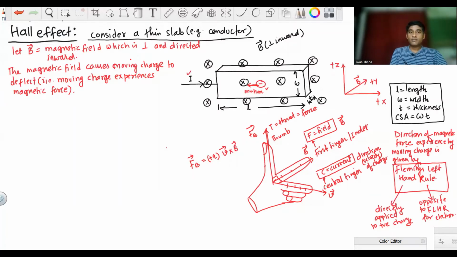So this is the magnetic force experienced by positive charge, and the direction of magnetic force is given by Fleming's left hand rule. And as I said earlier, we apply opposite to Fleming's left hand rule for negative charge.